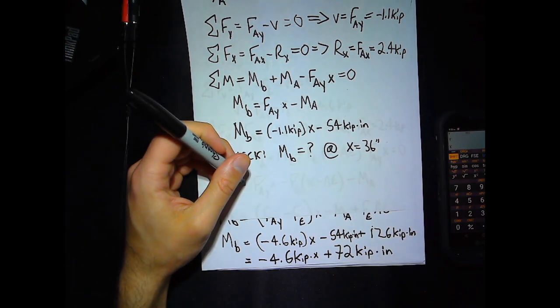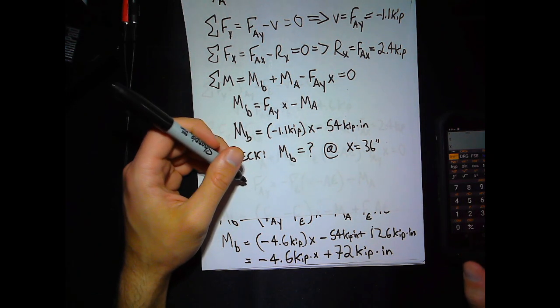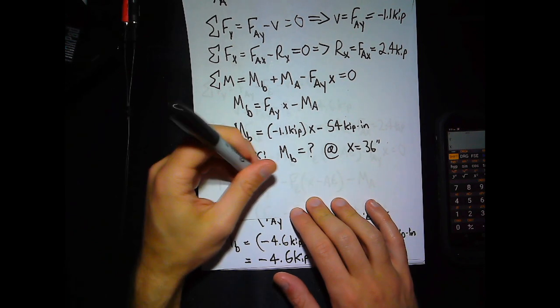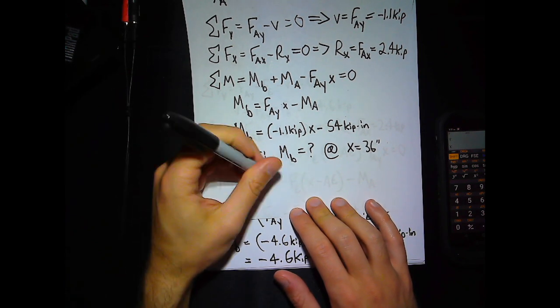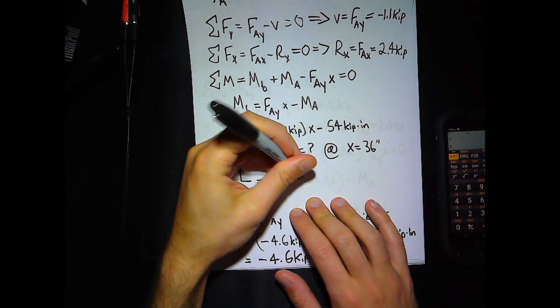So this one would be 36 times negative 1.1, then minus 54. So this gets us negative 93.6 kip inches.